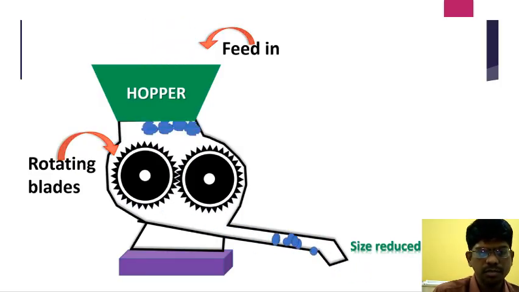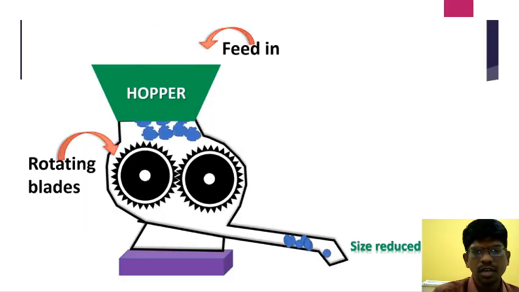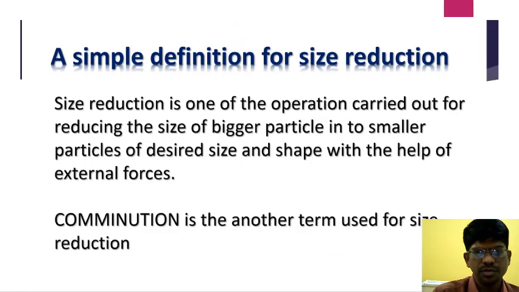The feed gets crushed between the two rotating rollers, and we can see the particles with a reduced size.